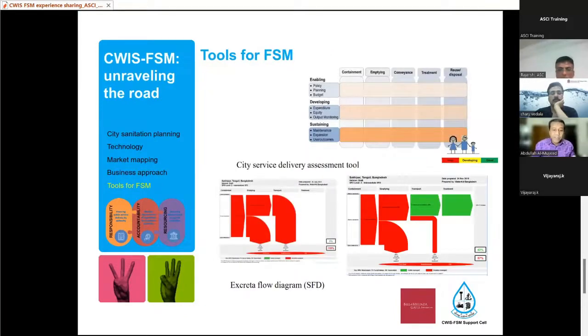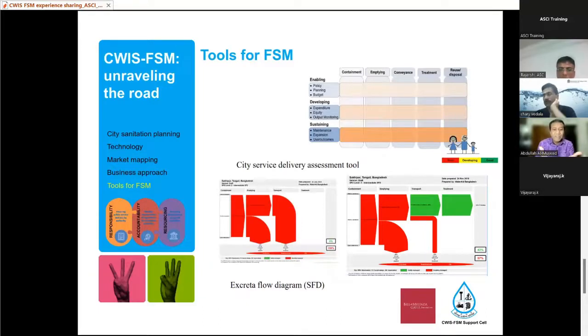What are the tools that actually guide these Poroshobhas? Definitely some CSDA tool we use for planning at the very beginning, and I could still remember the SFD we produced at the time. It shows 0%. You can see the left diagram.